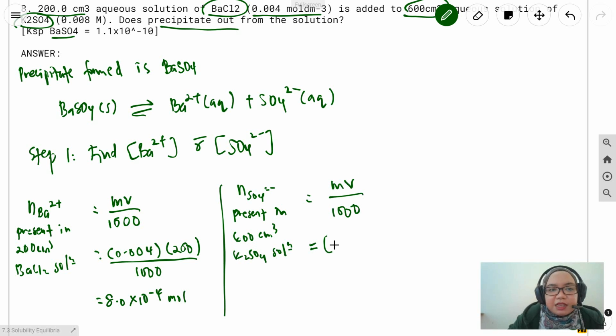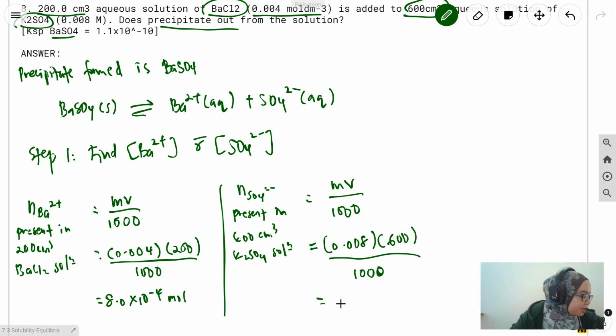So molarity dia bagi tadi, 0.008 kali dengan 600 cm3 bahagi dengan 1000. You will get the mole is 4.8 times 10 to the power of negative 3 mole.